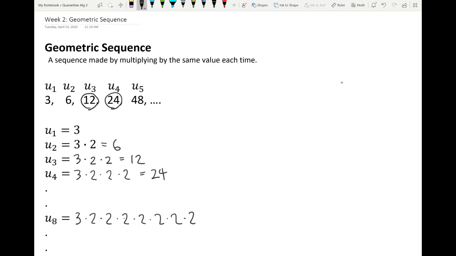So we can rewrite this as 3 times 2 to the 7th power, which is 2 to the 7th times 3, 384.